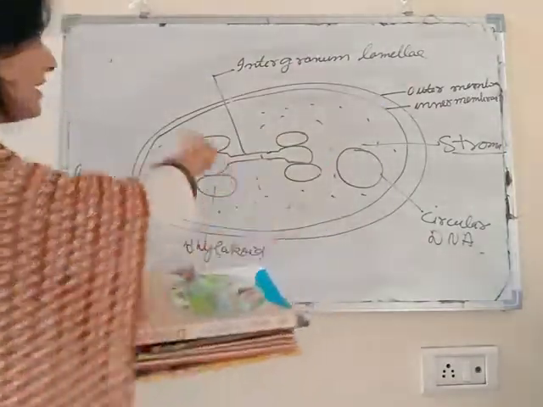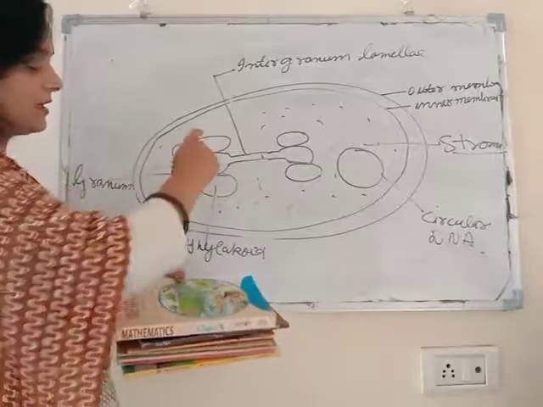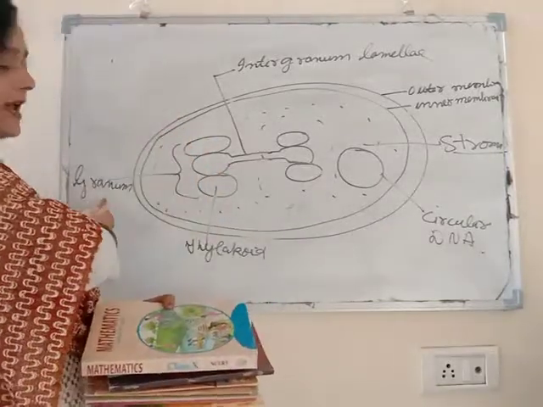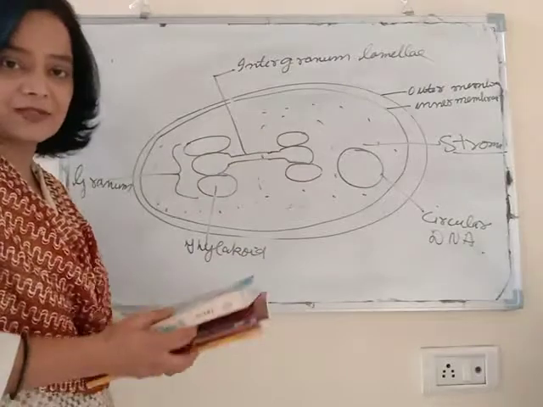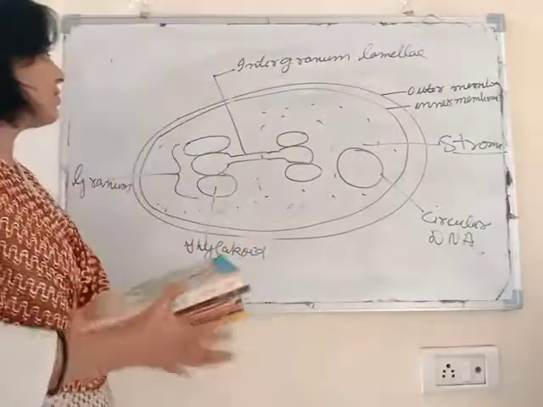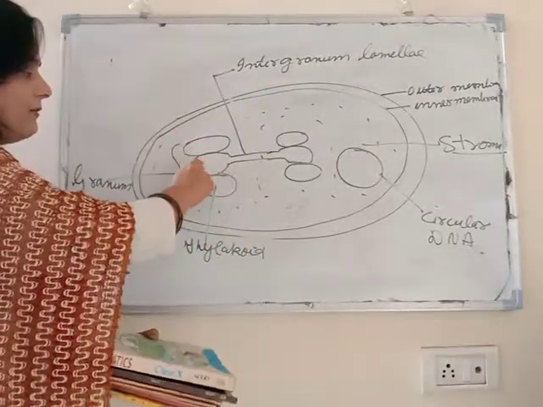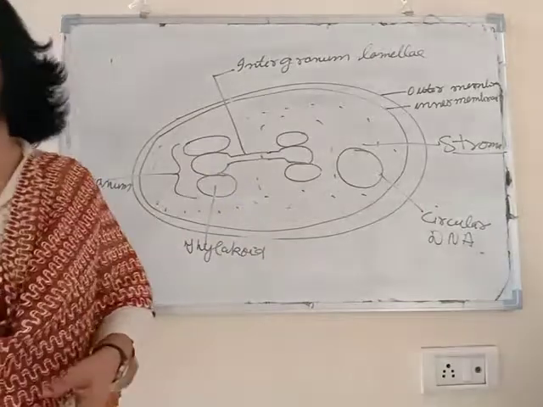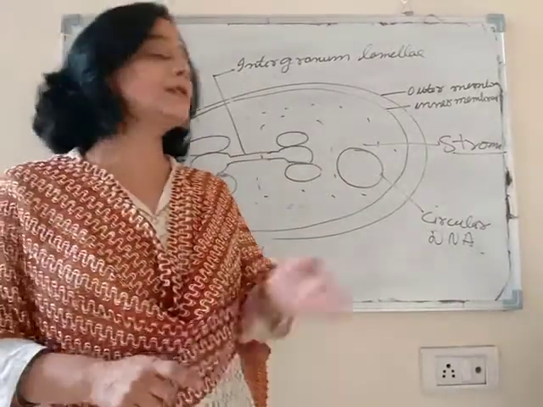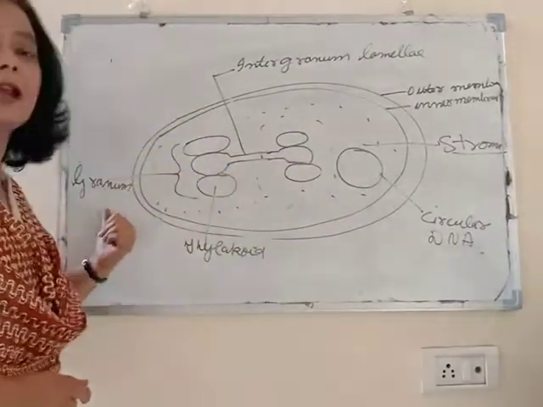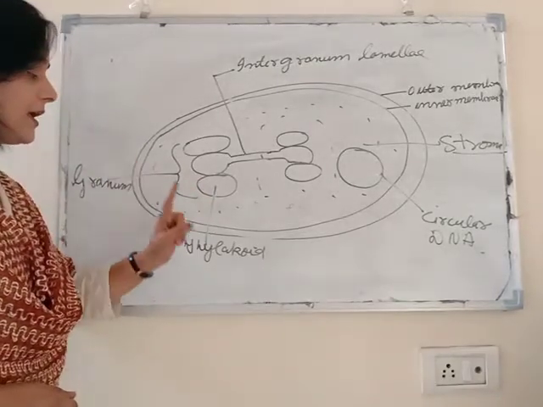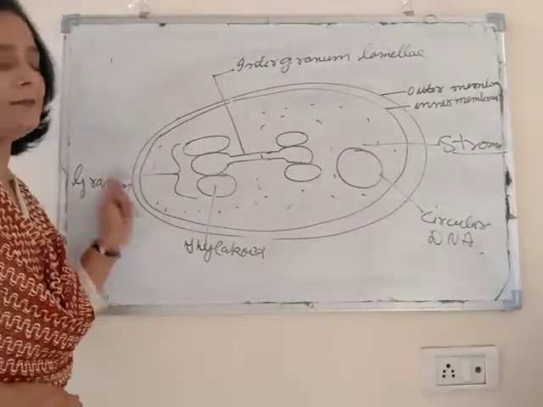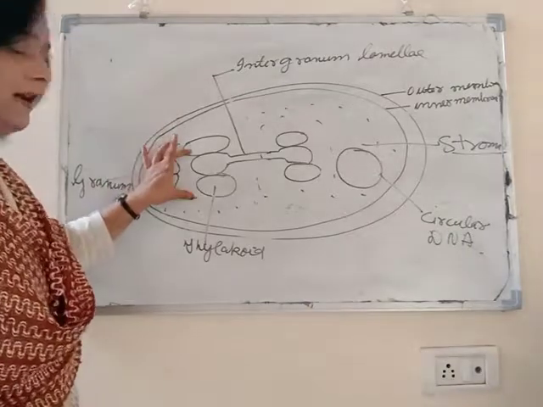Similarly, if you imagine these one on top of each other, the stack is called granum, and one member from this granum is called a thylakoid. So we should be clear about the difference between thylakoid and granum. Thylakoid is one member of the granum, and granum is a group of thylakoids.